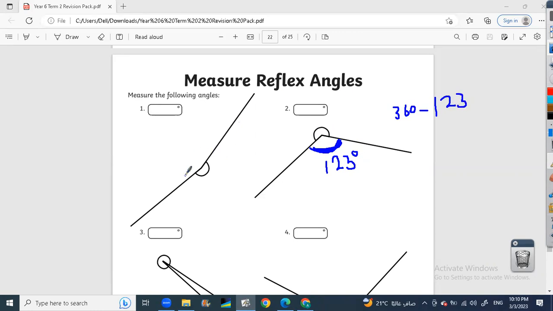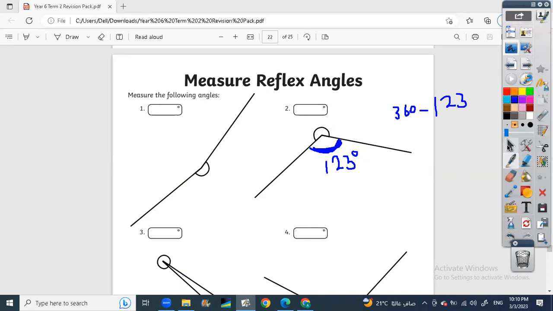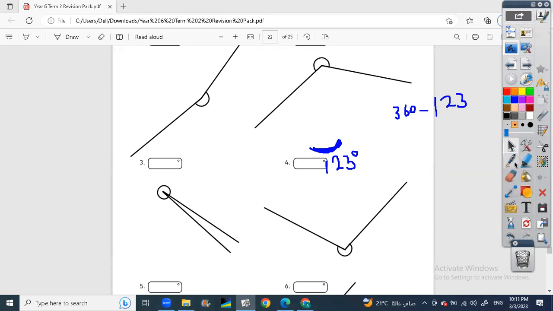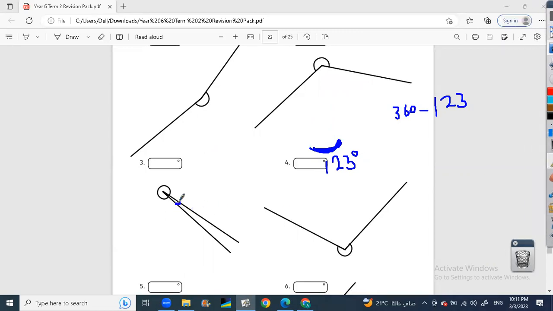All right, what about this angle over here? The same thing exactly. What about this one? This very small angle. The same thing. Measure this very small angle with your protractor. If you find that it is only, let's say, 10 degrees, then you take 10 degrees away from 360.